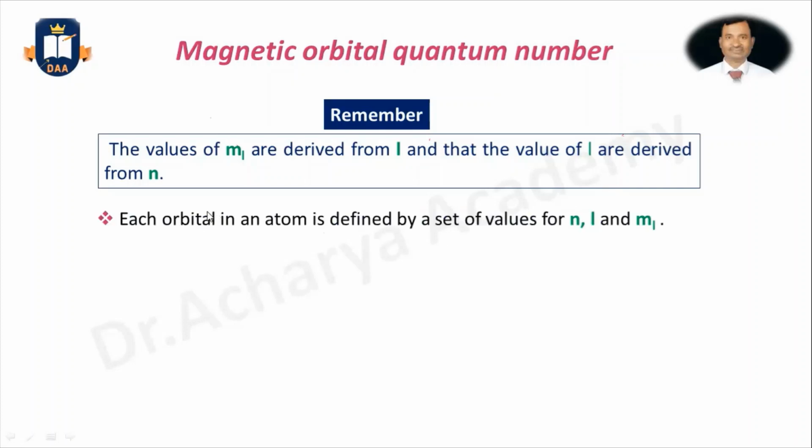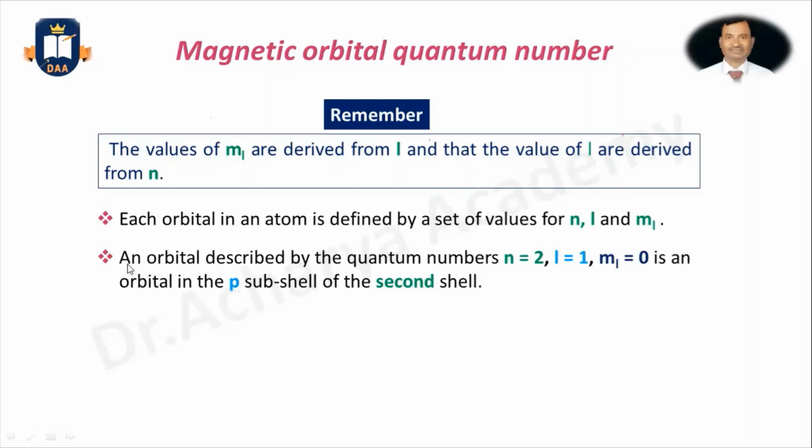Whatever we understood, each orbital in an atom is defined by a set of values: the principal quantum number n, the azimuthal quantum number l, and the magnetic quantum number m subscript l. So each orbital is defined by these three values, n, l, and m subscript l.